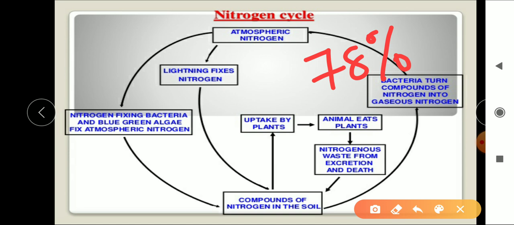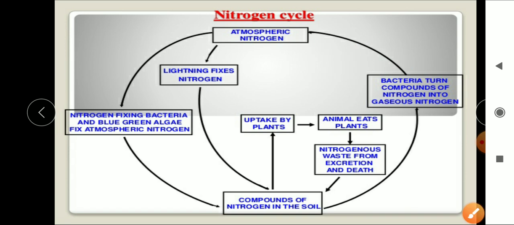Nitrogen is one of the essential constituents of all living organisms, as part of proteins, chlorophyll, nucleic acids, and vitamins. Right? They are one of the essential constituents of living organisms as part of proteins, chlorophyll, then nucleic acids and vitamins.